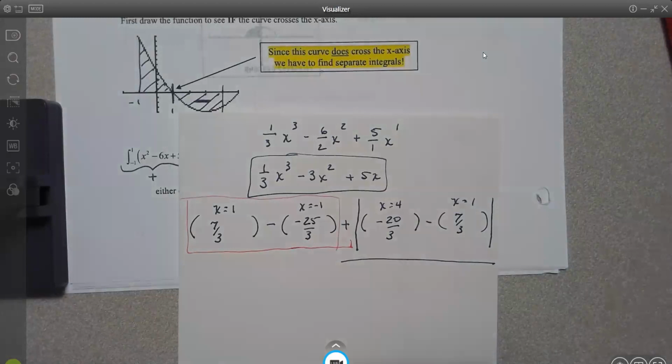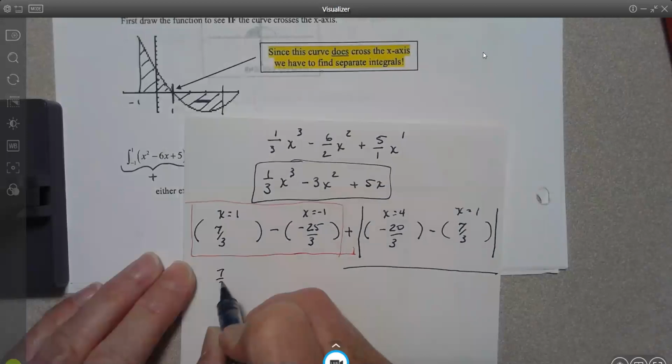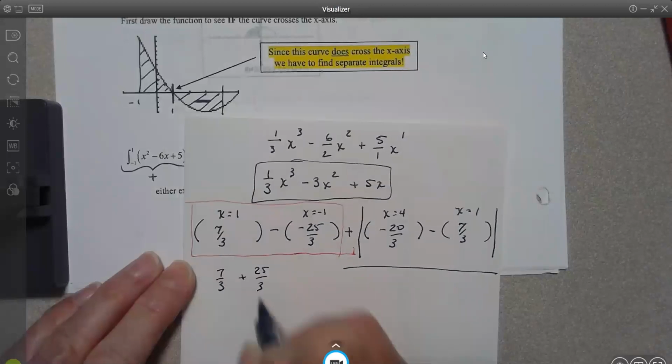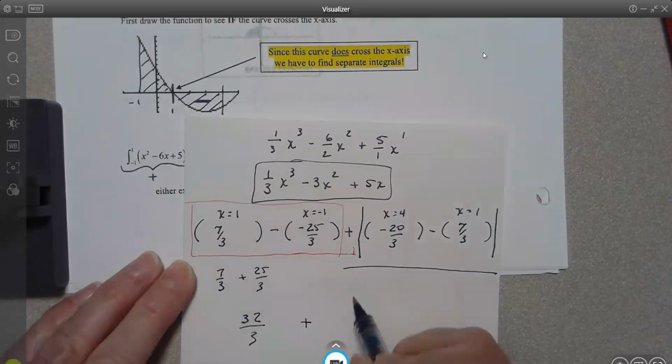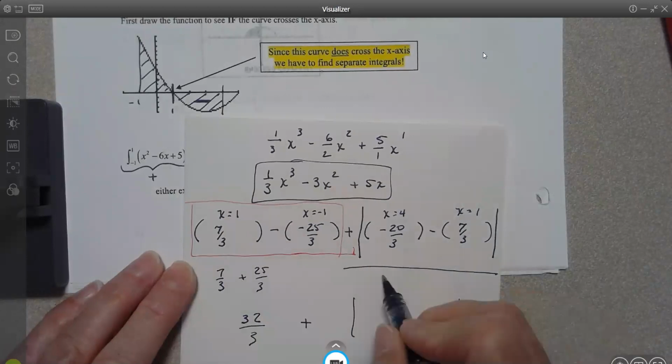Yep. Okay. Now my red box, I'd have 7/3 plus 25/3. So that would give me 32/3 plus absolute value. It looks like I've got a negative 20/3 minus 7/3. So that would be a negative 27/3.